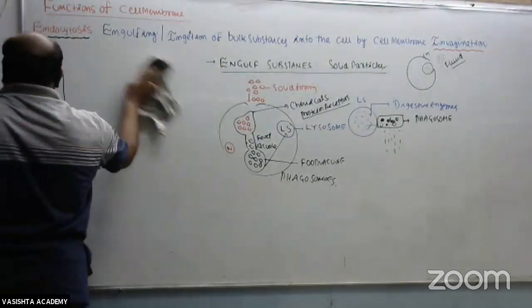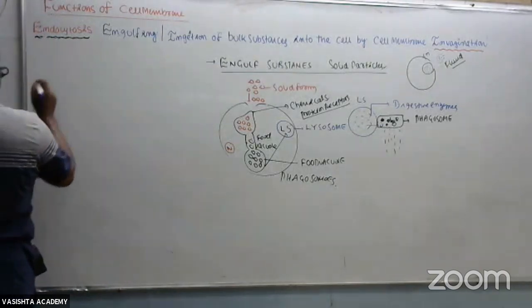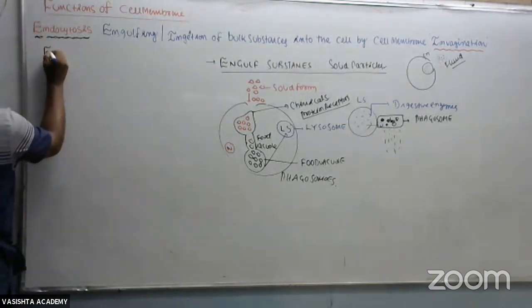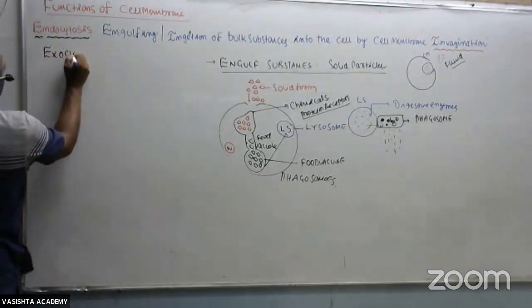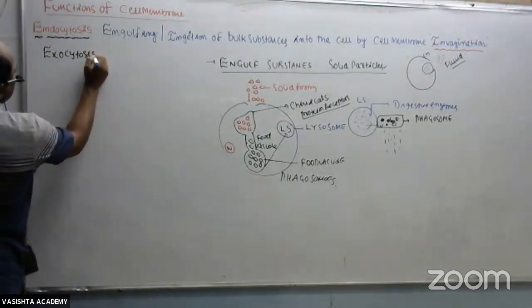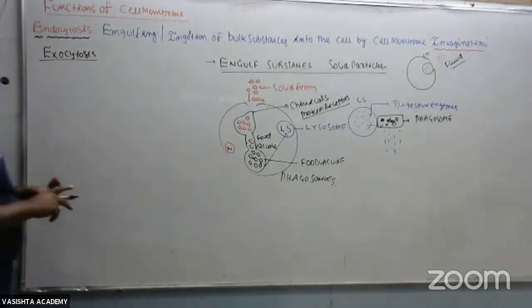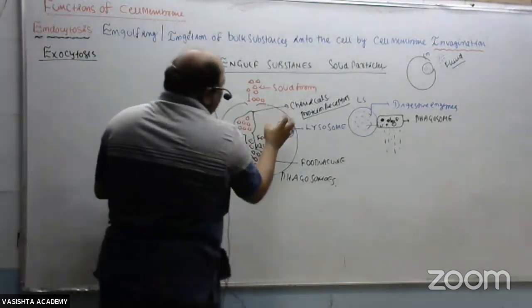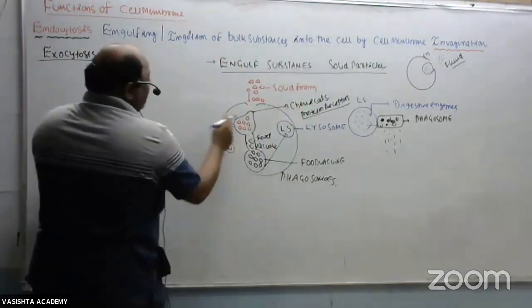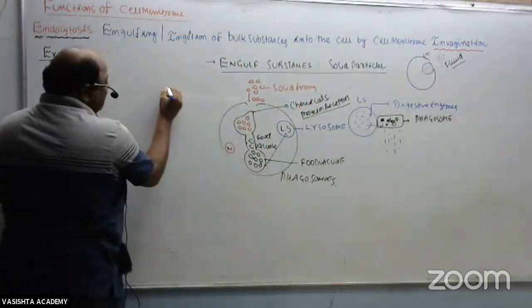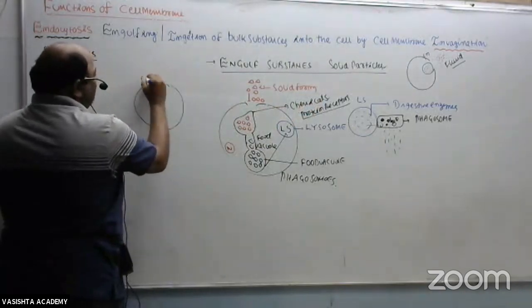Next one, the exocytosis process. Look here. In the engulfing process, especially in phagocytosis, this is our cell.